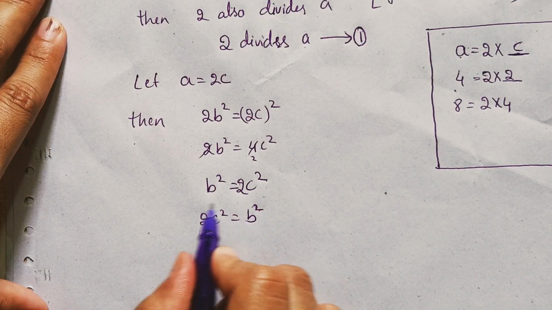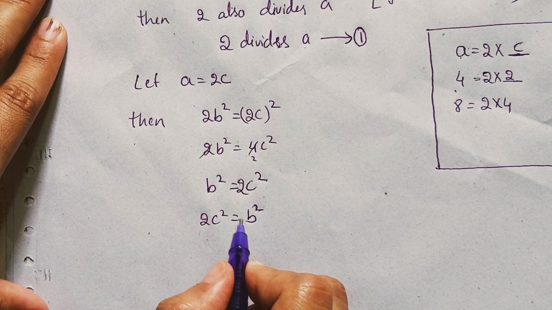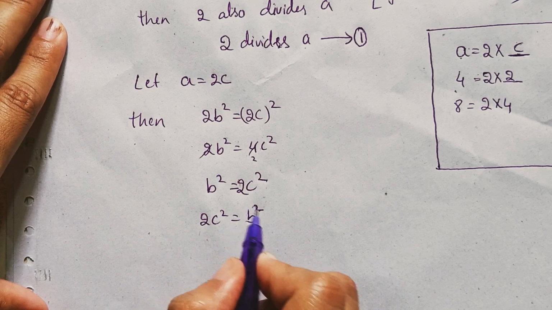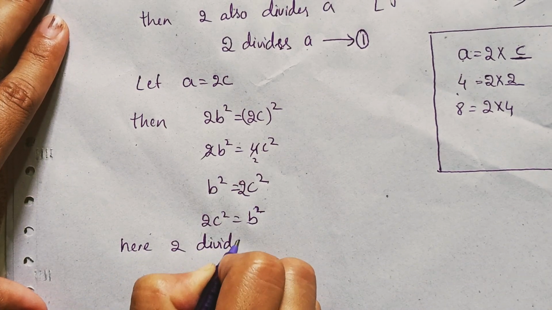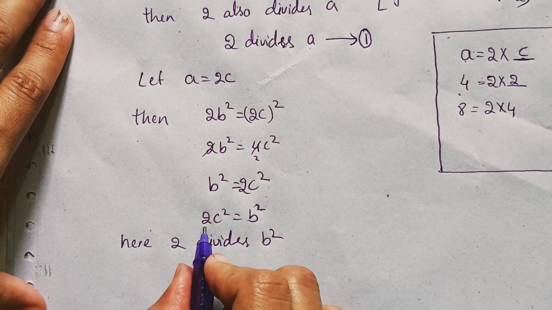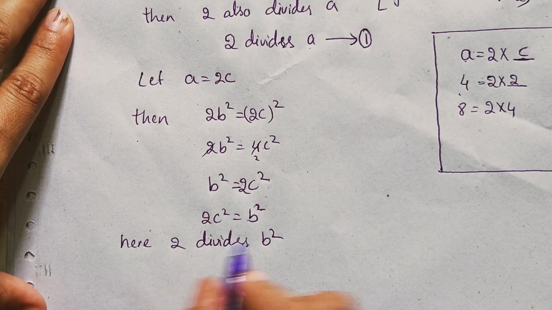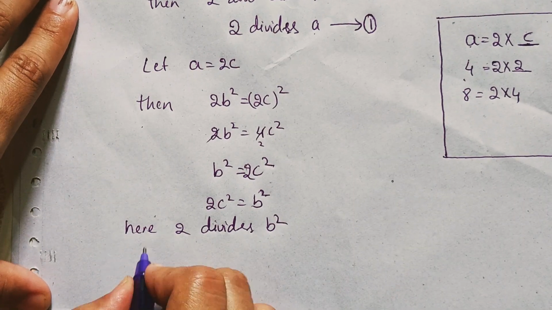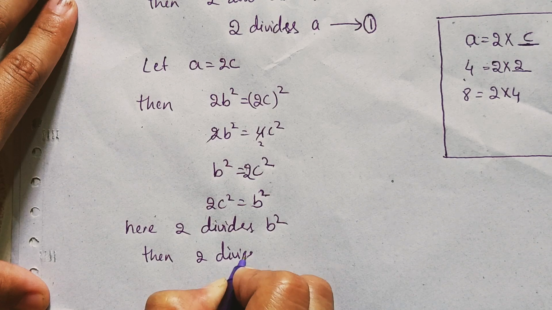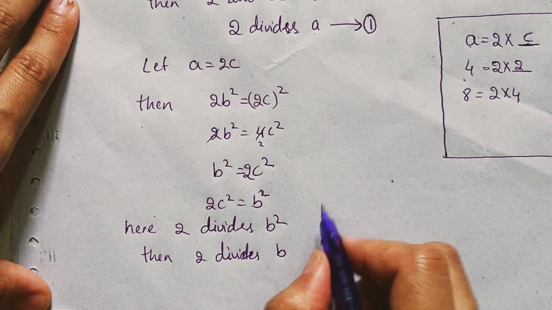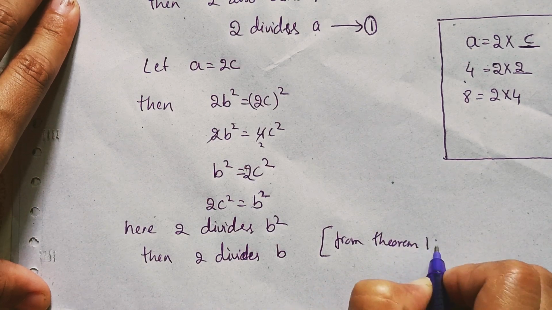Now if you observe this part, we can say that 2 divides b square. If I send 2 to the other side, it will be in division form. So 2 divides b square, then 2 also divides b, from theorem 1.2.